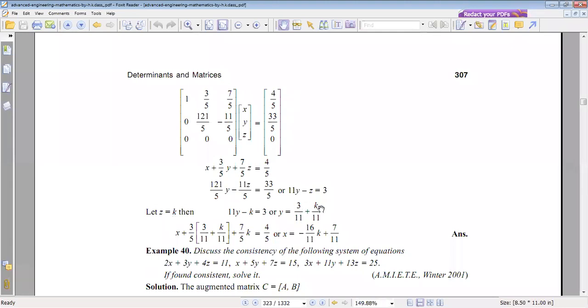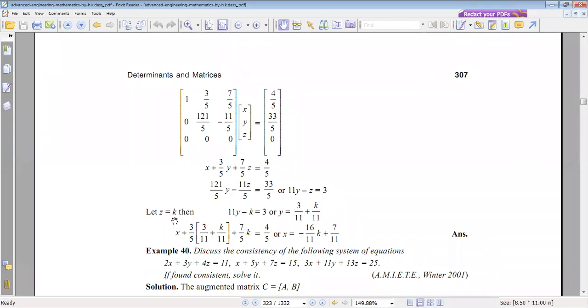Y equal to what? If you put k equal to 1, y equals 4 by 11. Similarly, x equals minus 9 by 11. So proceeding this way, whenever you consider z equal to 1, you get one set of solution. Again, you can consider z equal to 2 also. Then you get again one set of solution.